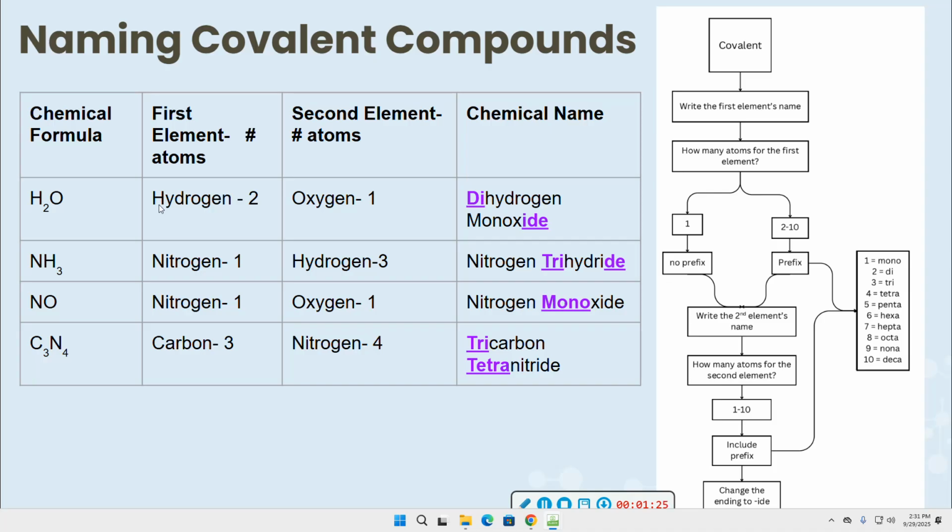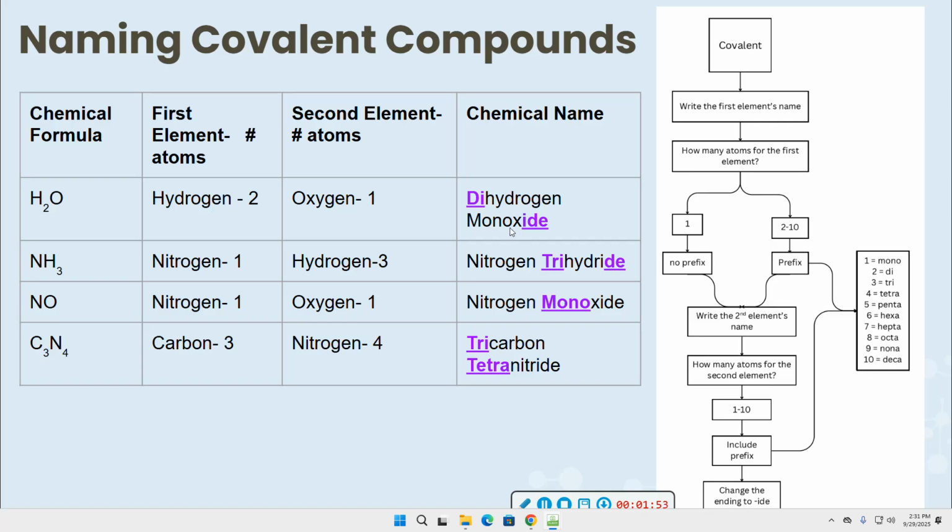So once I figure out my element and how many I have, I'm then going to look at my prefixes. If we are naming our first element, we have hydrogen, and we know we have 2 of them. So I'm going to find the prefix for 2, which is di, and I'm going to put that right in front of my hydrogen. So it's dihydrogen, and I have 1 oxygen, so it's going to be mono for 1.